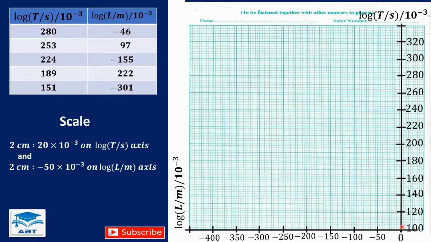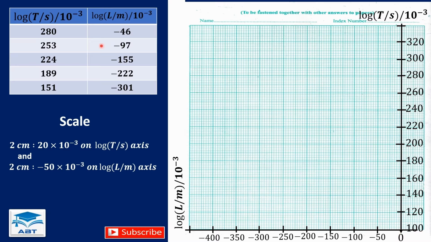So each small box on the vertical axis is equal to 2. On the horizontal axis, each big box is negative 50. When we divide negative 50 by 10, we have negative 5. So each small box on the horizontal axis is negative 5. This is going to guide us to plot the graph.